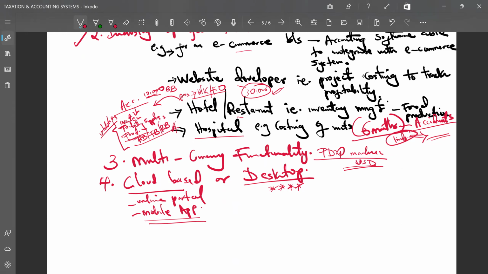But if you get a foreigner coming into your premise, either a hospital, a shop, a factory, a hotel, a restaurant, or any industry, and they want to pay you, they have a card with a USD account and they want to swipe and pay you in USD. Is your system able to accommodate such type of a payment?